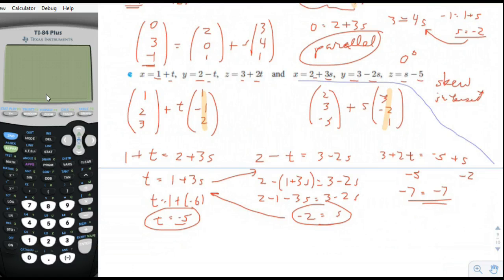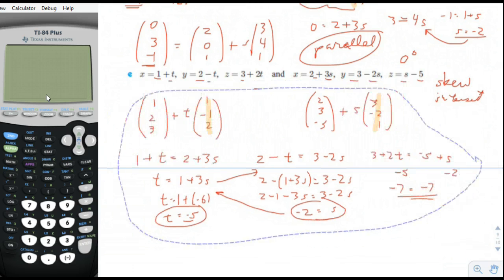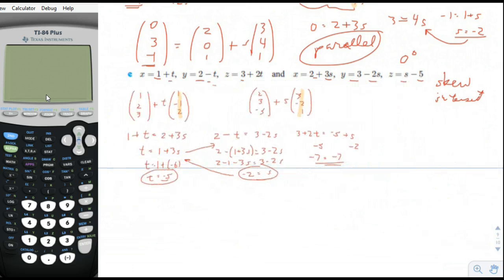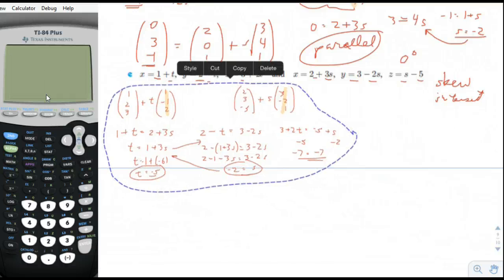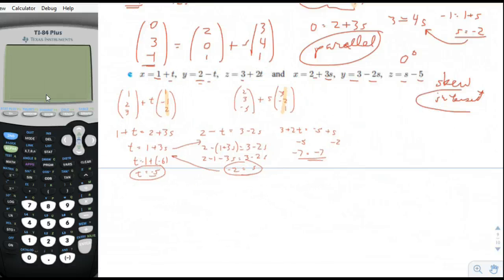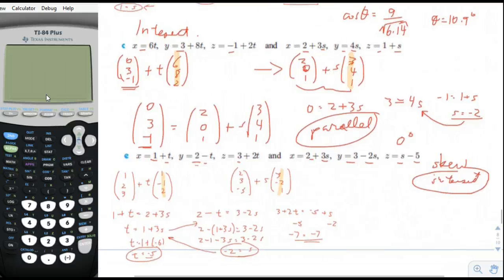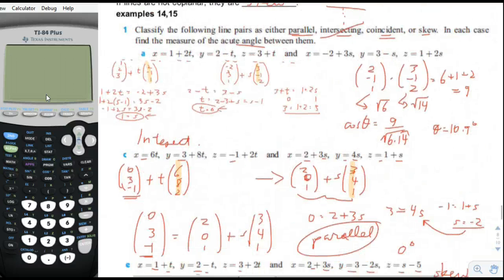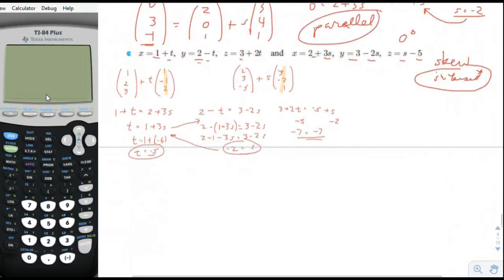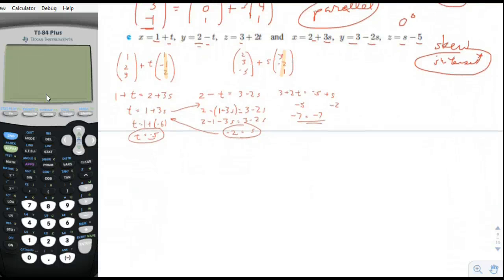Okay, so if we know that there is a point that satisfies that, it's an intersection. And what do they want? They want to know the measure of the angle between these two vectors.